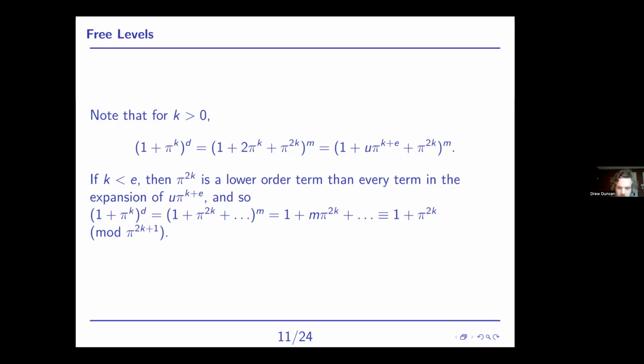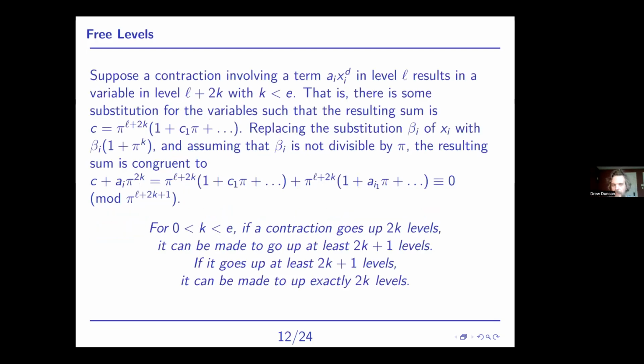And this means that if we look at the Deith power (1 + π^k)^d, then we get 1 + π^2k in these cases for these values of k, and then some higher order terms. But there are no intervening lower order terms between the 1 and the π^2k. So we're going to use this to allow us to get some information about these contractions in this way.